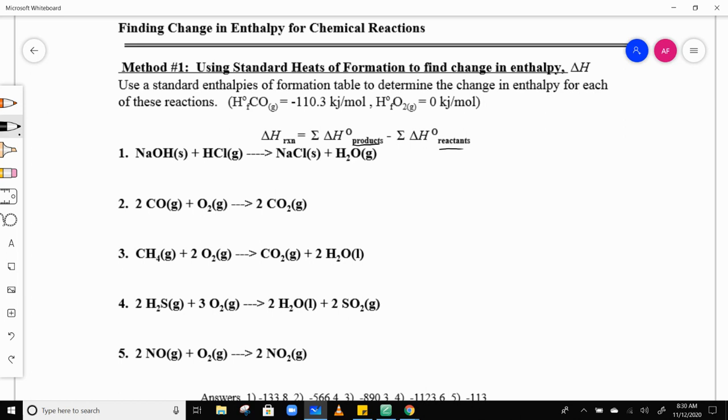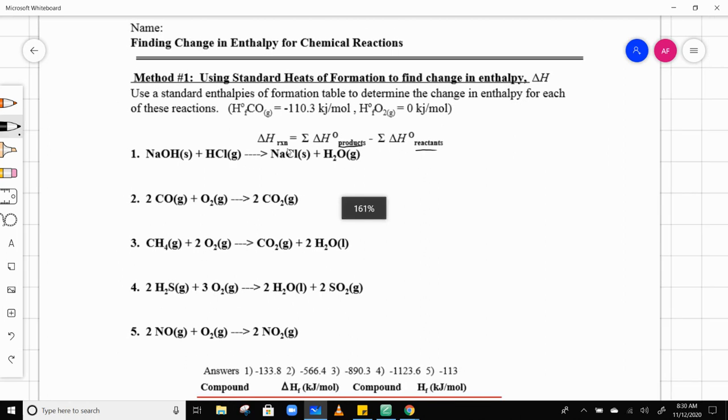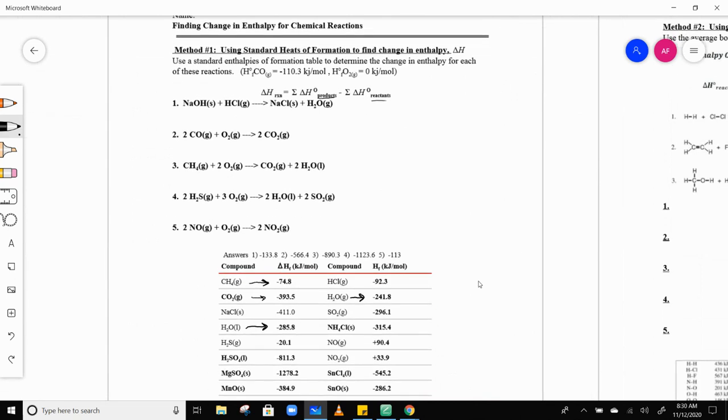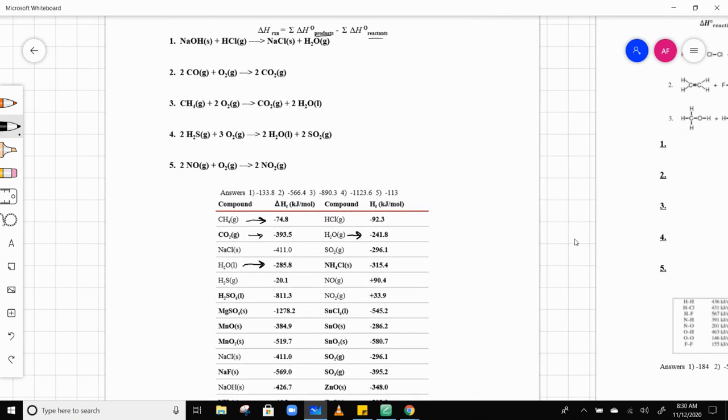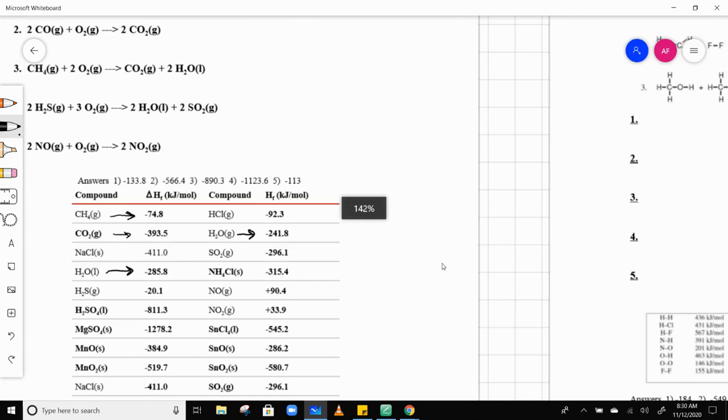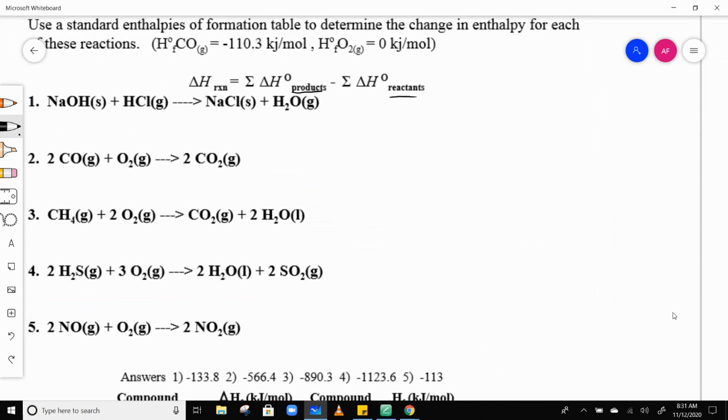So how do we do this? We look for the delta H of the products. In this first problem, number 1, NaCl is on the product side. NaCl has a delta H of formation of negative 411.0, or just negative 411.